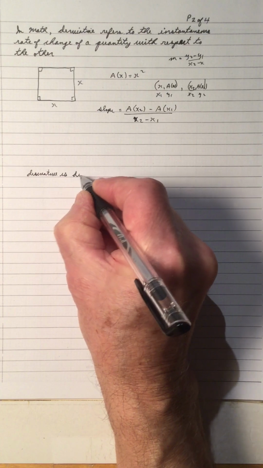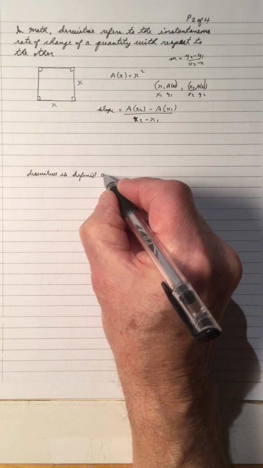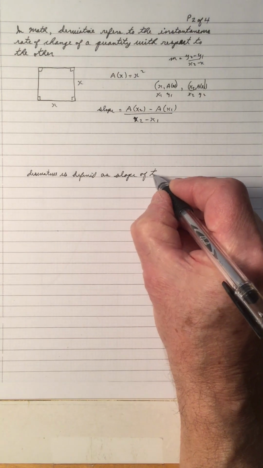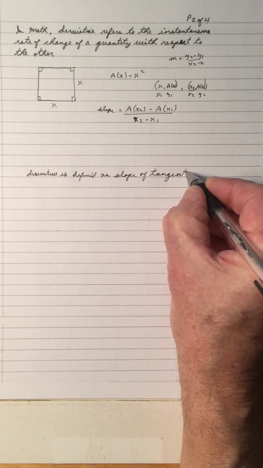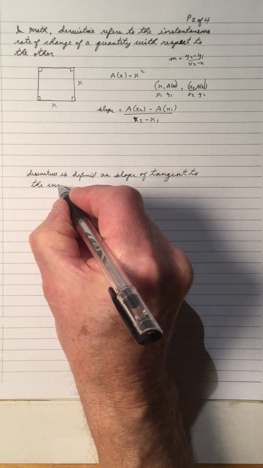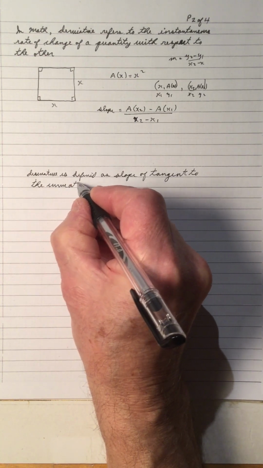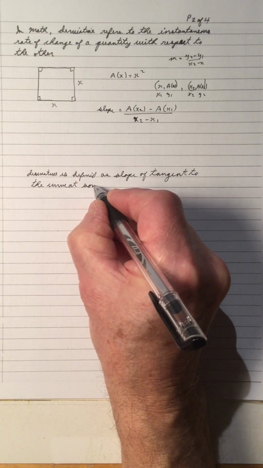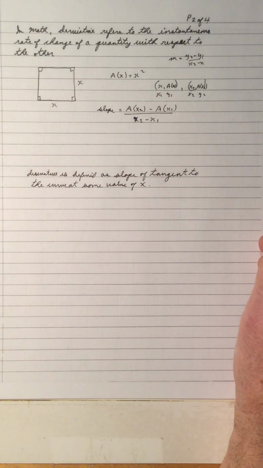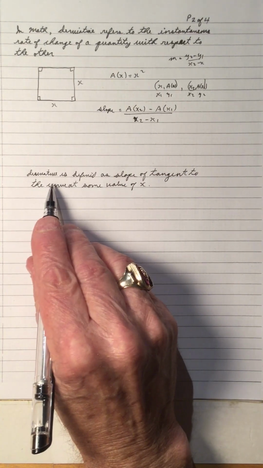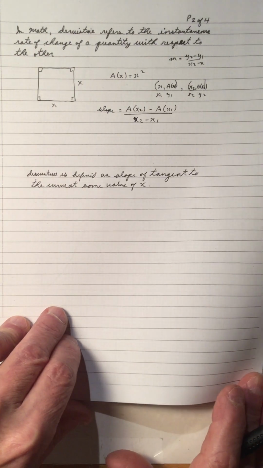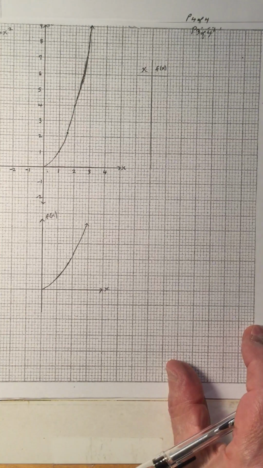Derivative is defined as the slope of the tangent to the curve at some value of x. So we're going to concentrate on the derivative as the slope of the tangent to the curve at some value of x. And let's move on to the next page.